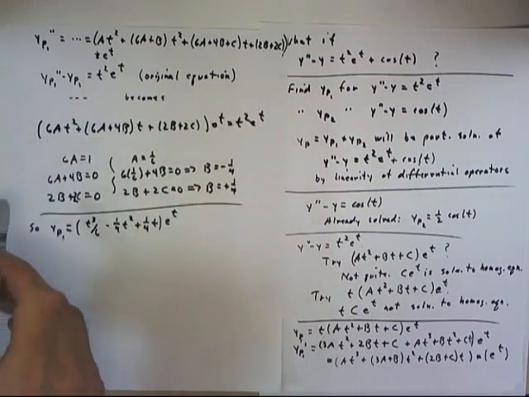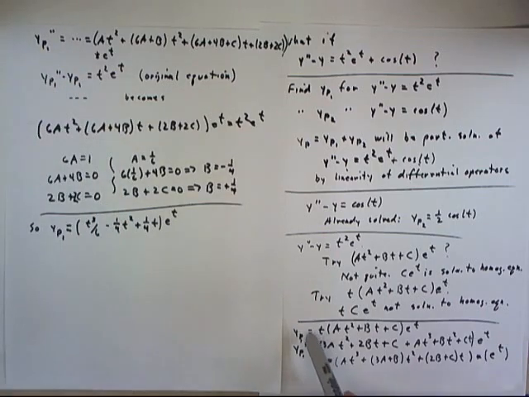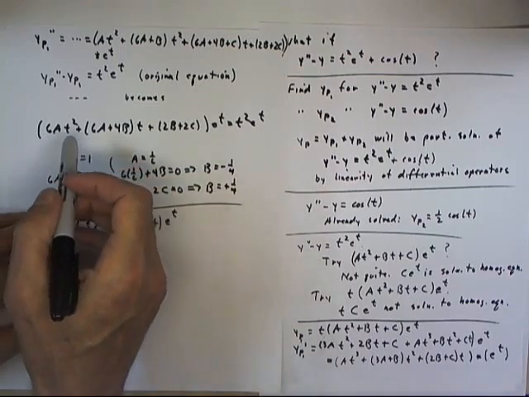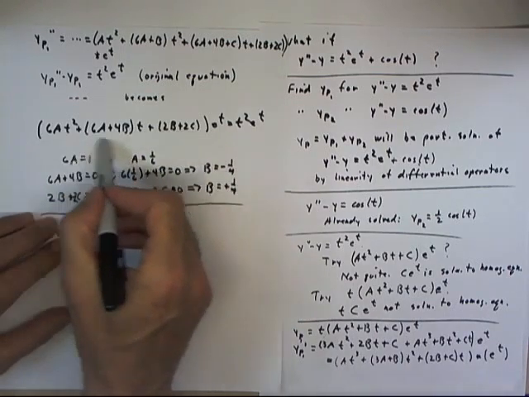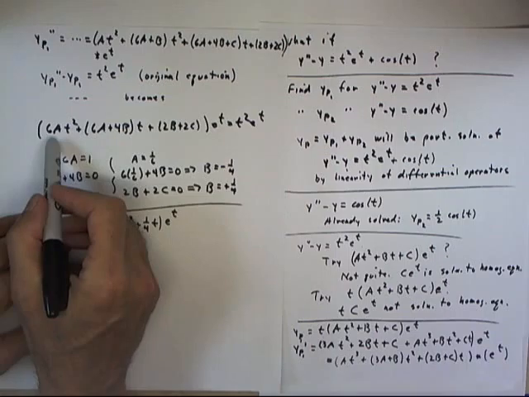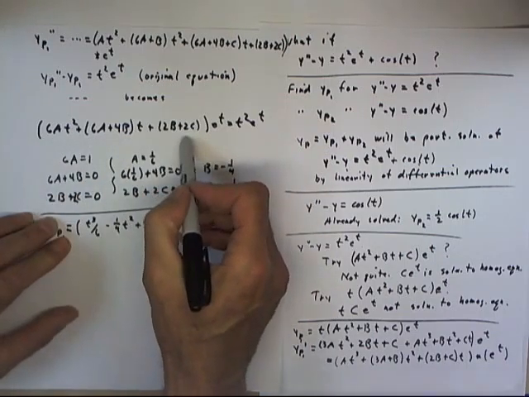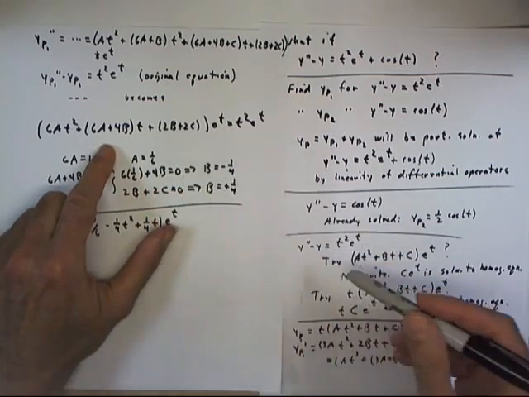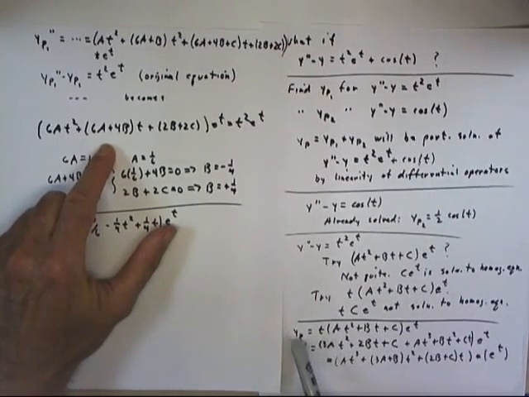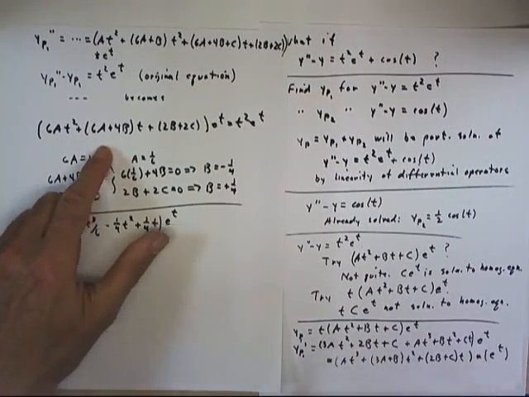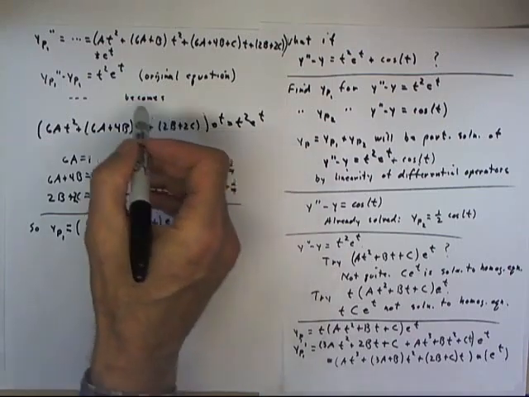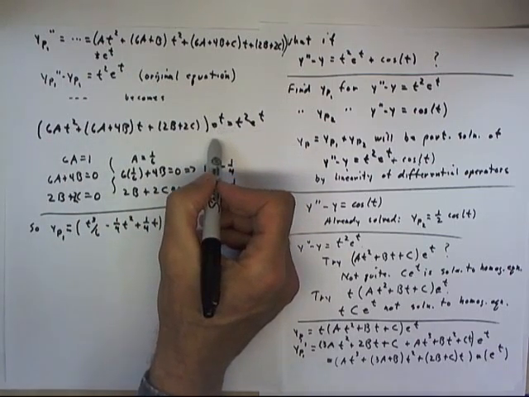Okay, if we do that, taking the expressions for yp double prime and yp, again you can check, the result ends up like this. I'm not going to read it to you. You can see it. And all we've done here is we've taken yp double prime and subtracted the expression for yp, so that our equation becomes this.